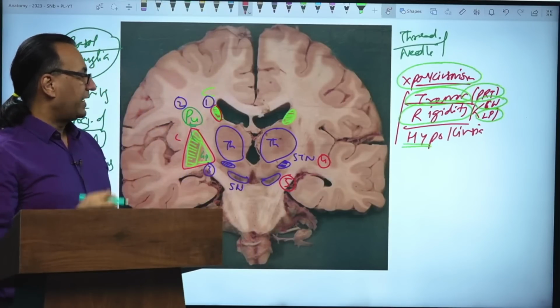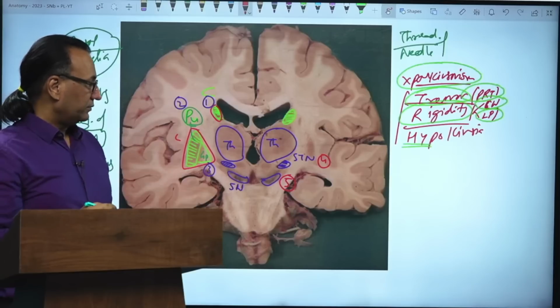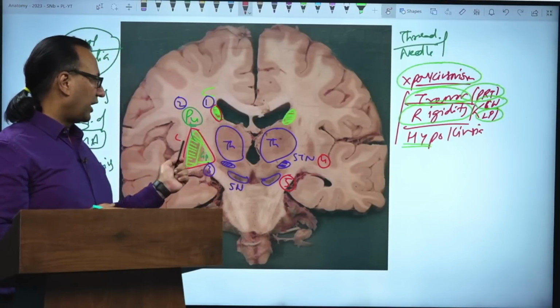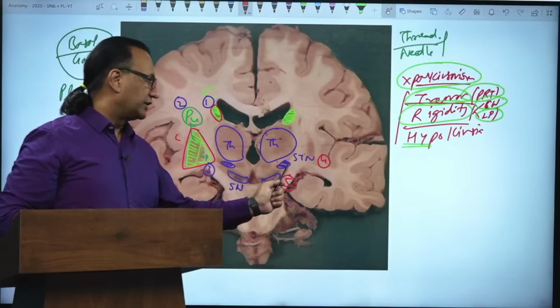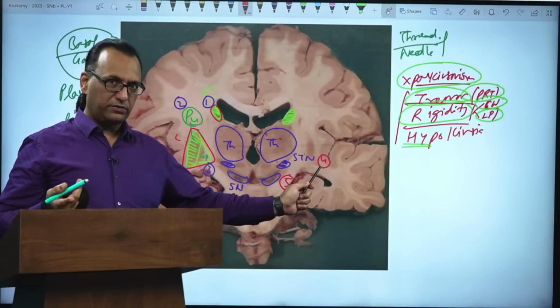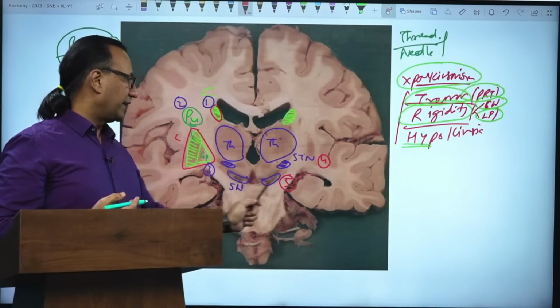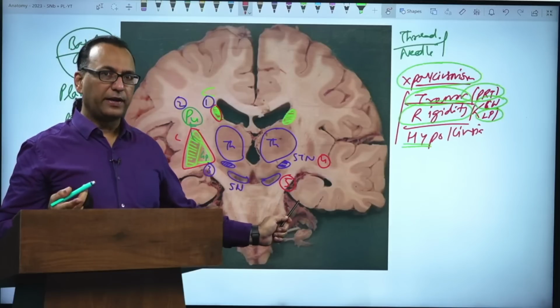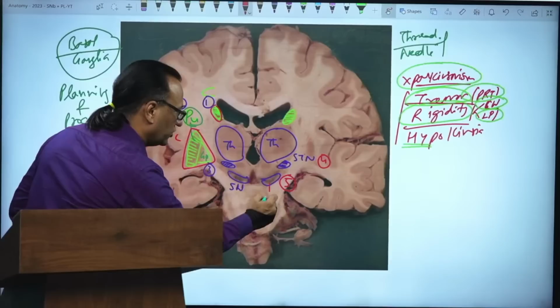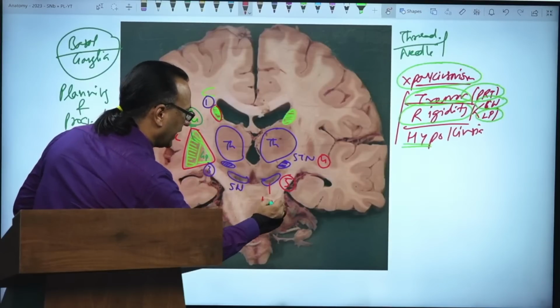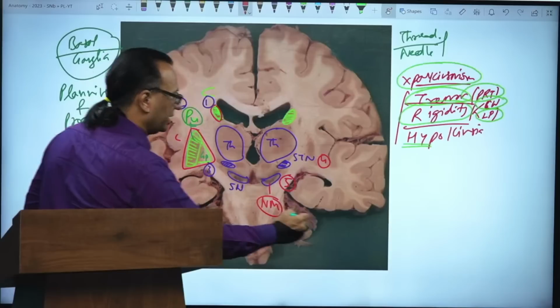These are the five nuclei: caudate nucleus, putamen, globus pallidus, which are telencephalon, but the subthalamic nucleus is diencephalon and the substantia nigra is mesencephalon, midbrain. Substantia nigra is identified by its black stain, neuromelanin, forming dopamine.